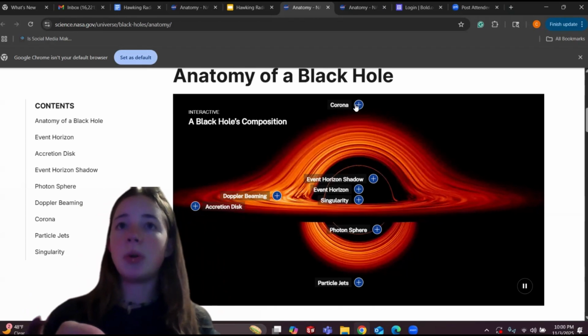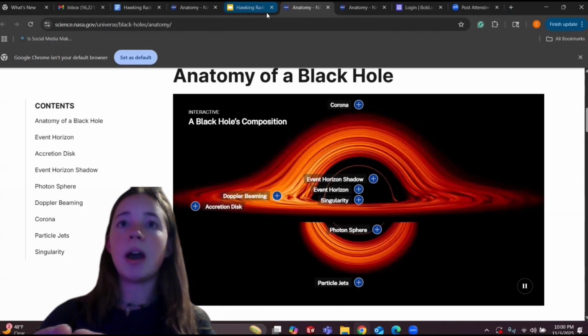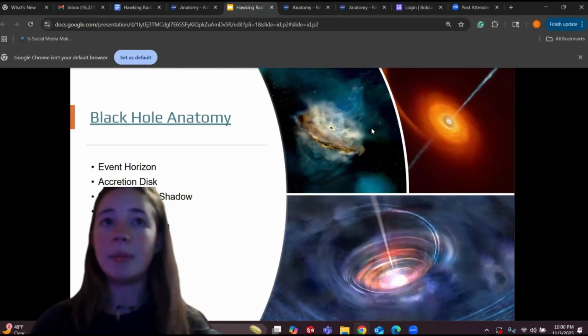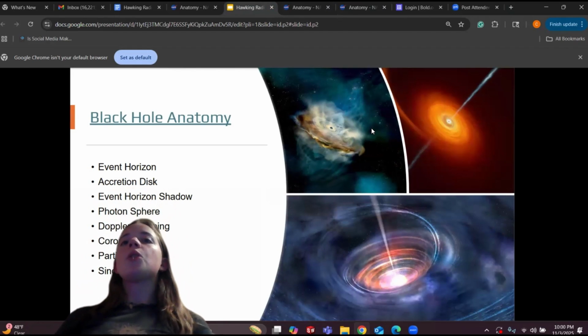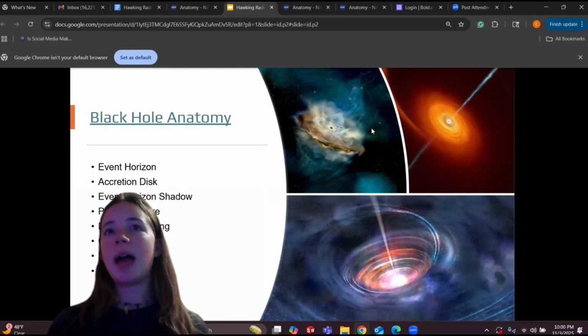Then we have the corona up here, which you can see well in these photos on that image on the left. That is a good visual of the corona, which is formed because the black hole is huge.